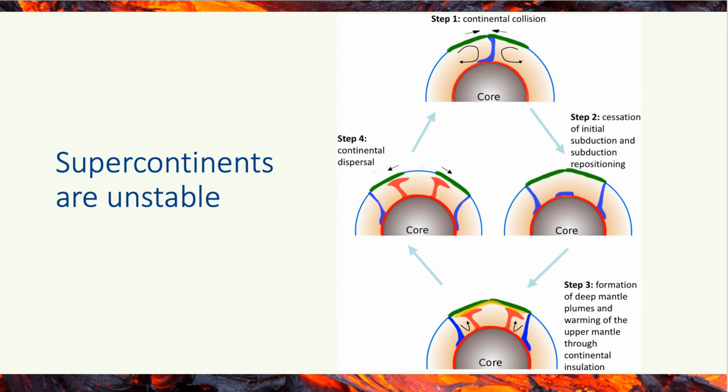When we're talking about supercontinents, it's worth bearing in mind that supercontinents are unstable. We know this intuitively because we know there's been several different supercontinents, but it's worth thinking about why this is the case. And the driving force here is that when you have a continental collision, we form a large static mass of lithosphere on the surface of the planet.